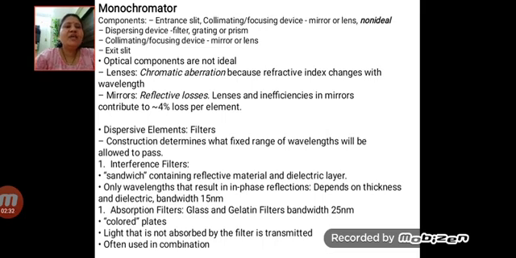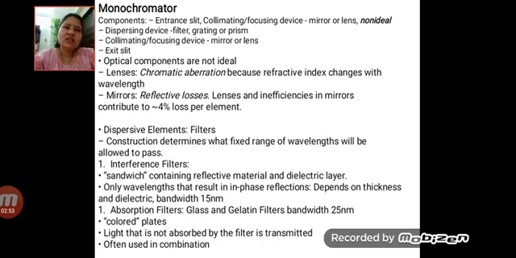Mirrors and lenses are again used for collimating purposes, and to reflect and focus the light.